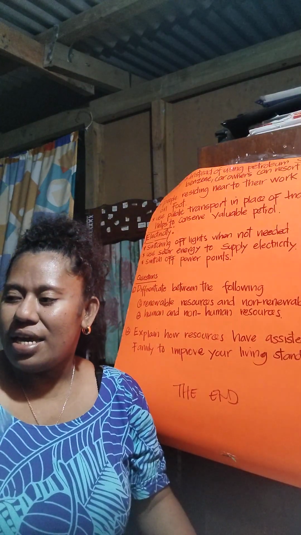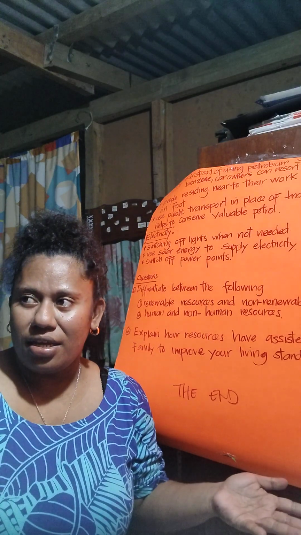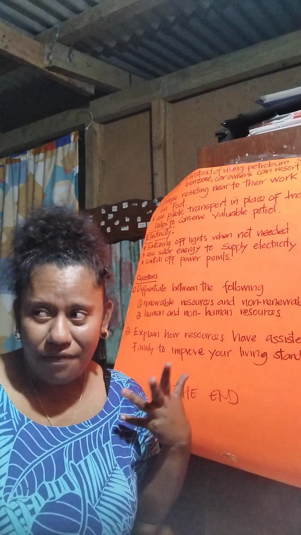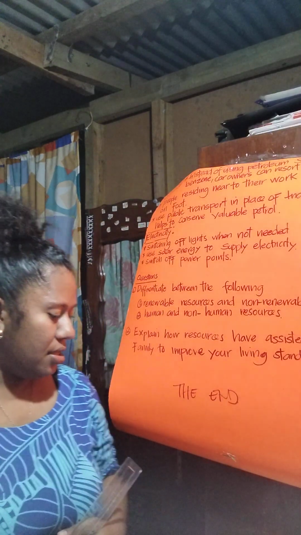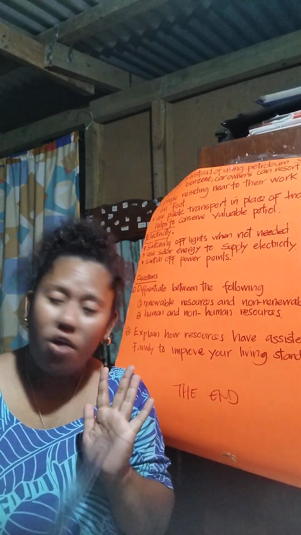You see, villages they use solar. It's free, and you don't need to buy anything. Save money, save energy, and make sure that power sockets need to be turned off when not in use.